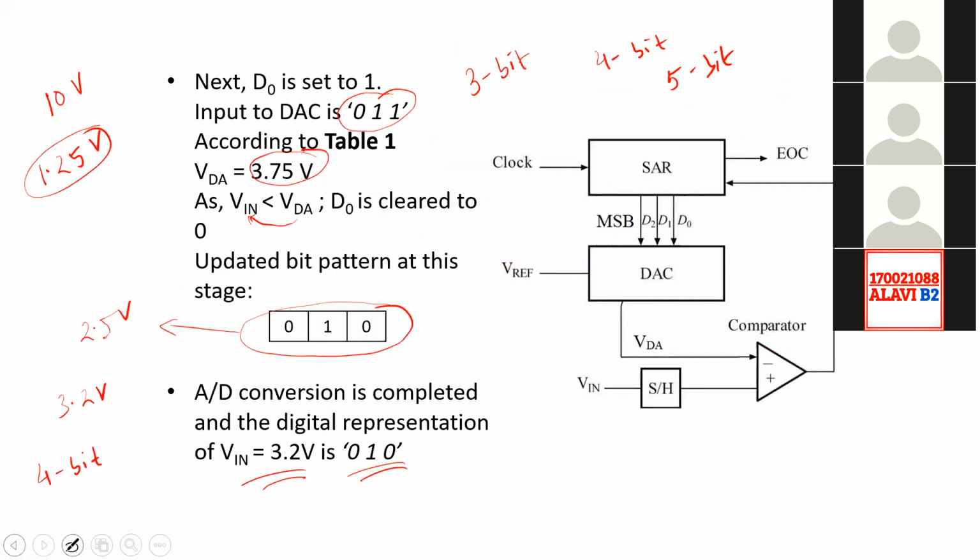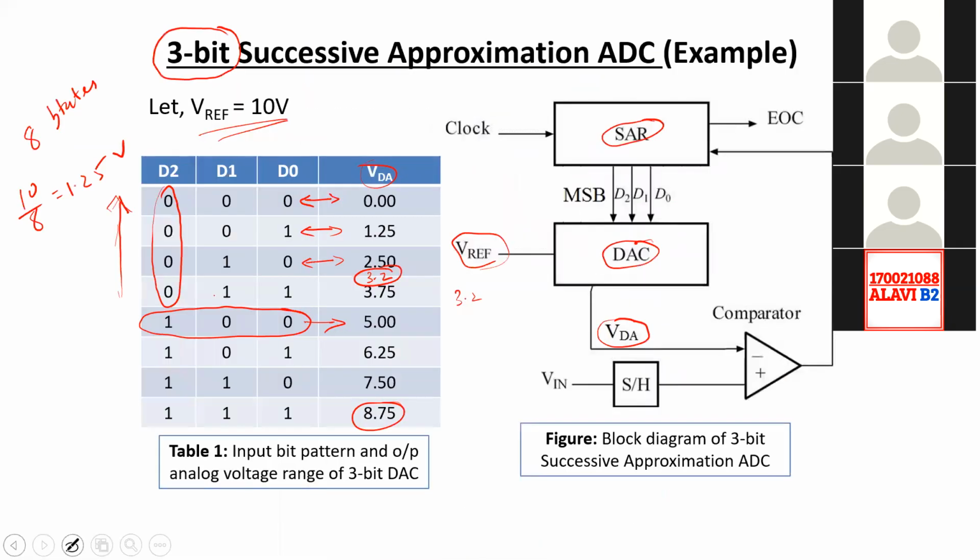Like it was shown in table 1, we had to formulate a table that would represent each of the quantizer states along with its corresponding analog value.